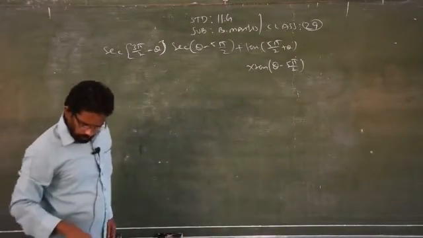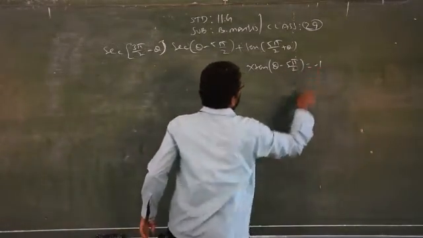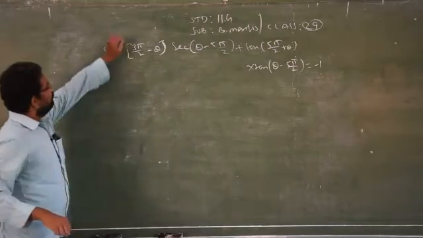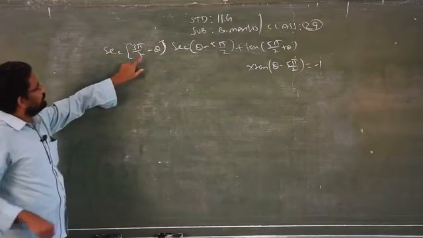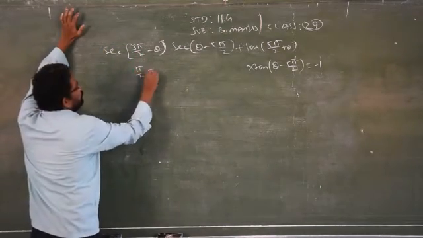So you have to prove that it equals minus 1. So very simple. What is 3 pi by 2? Pi by 2 is how much? Pi by 2 is 90.